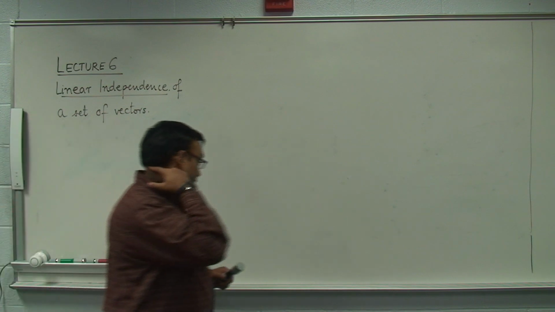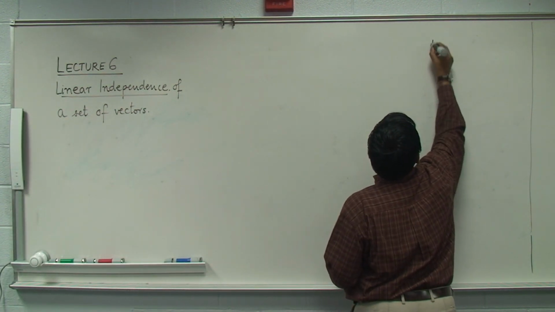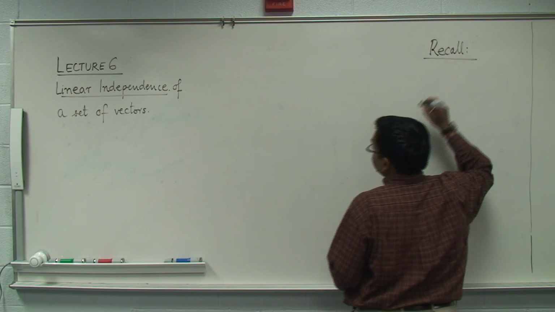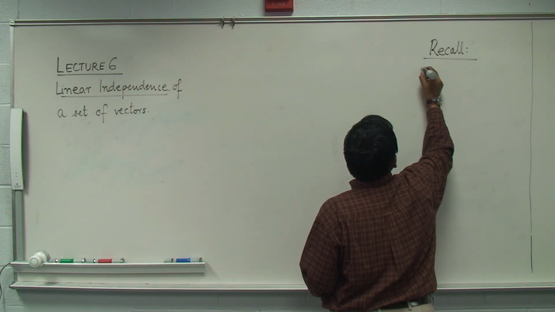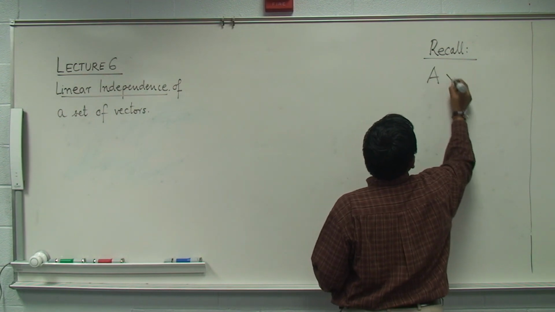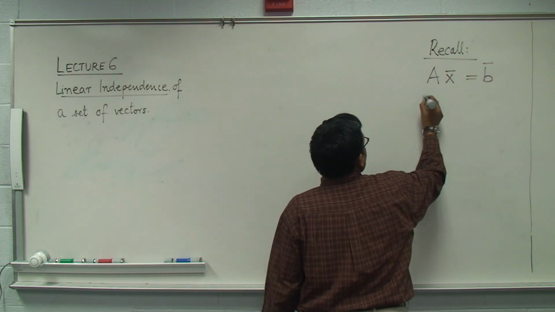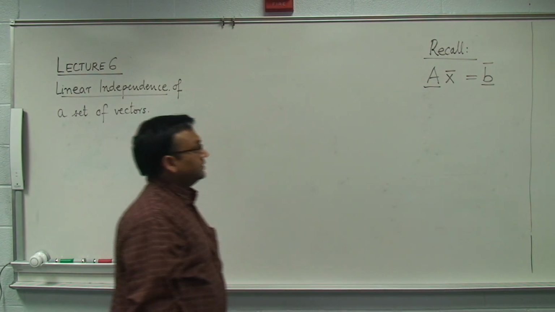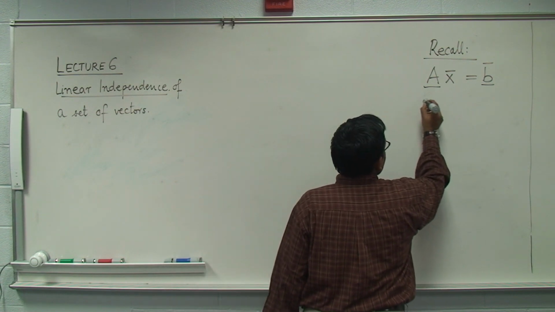Now, let me quickly recall the stuff that we had seen so that we would have a better shot at relating two things. So our basic idea was to solve a system of equations. When we say a system of equations, it is basically a matrix A, a vector B, and we want to find the vector X, which can help us as a solution for this.